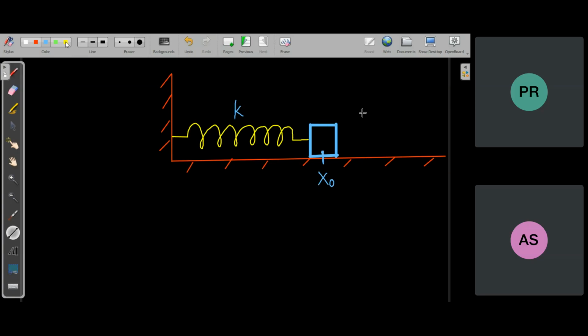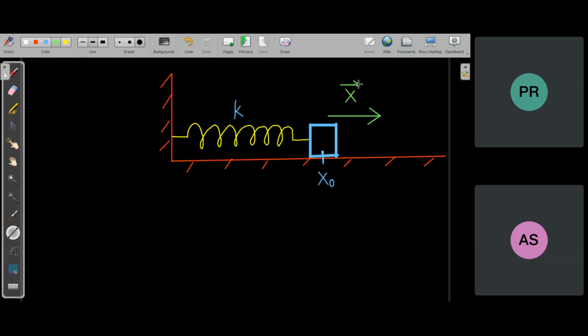Now pull this block to the right side and give it a small displacement x from the mean position. You can clearly see displacement is a vector quantity.